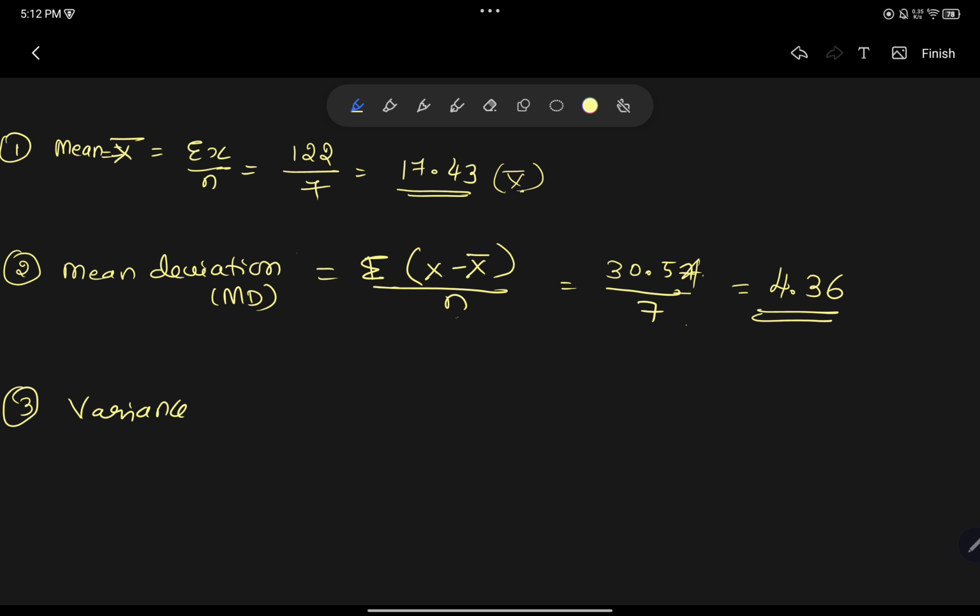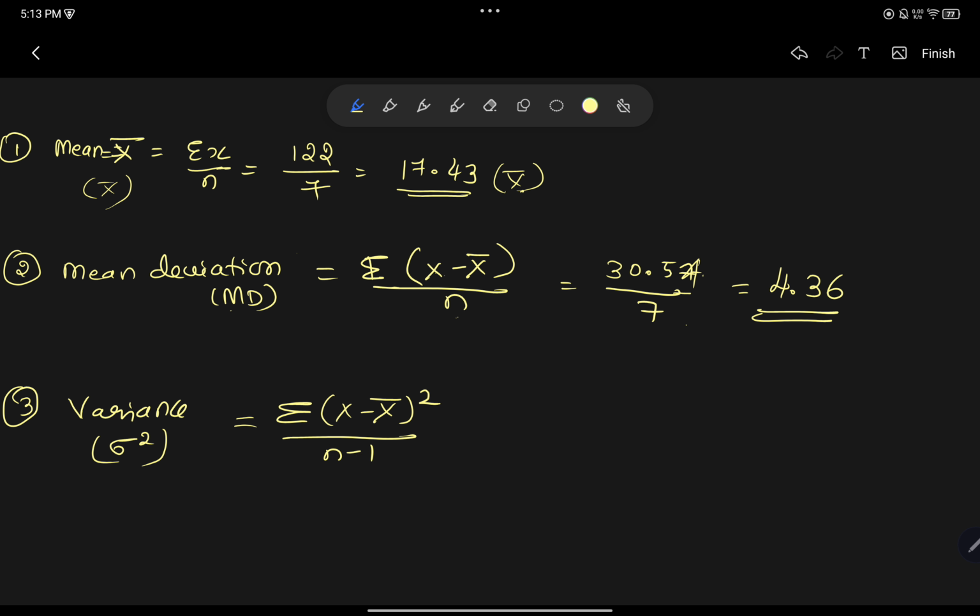Variance is sigma square. Mean deviation is MD, mean is x bar, these are the notations. The formula is variance equal to summation of x minus x bar square divided by n minus 1.